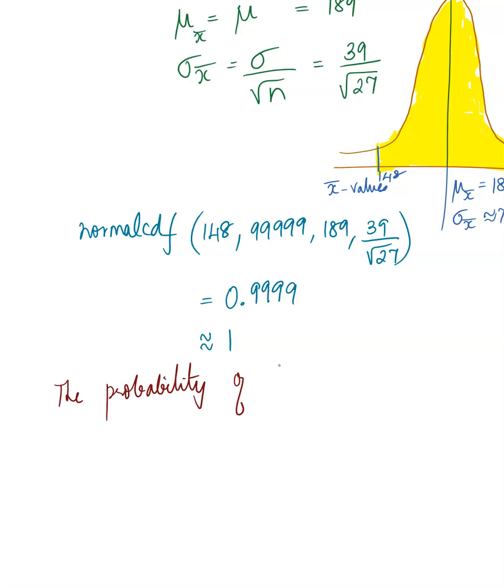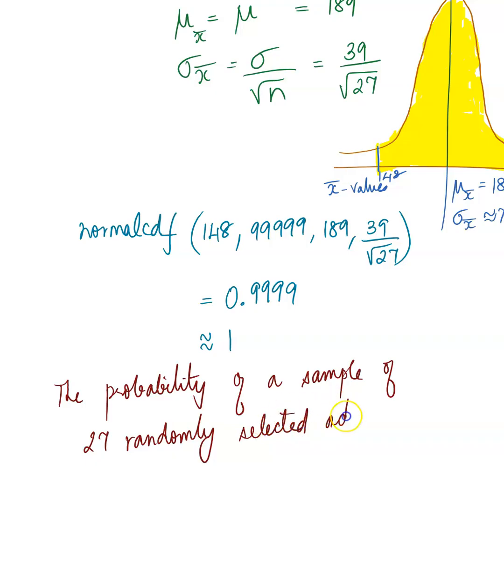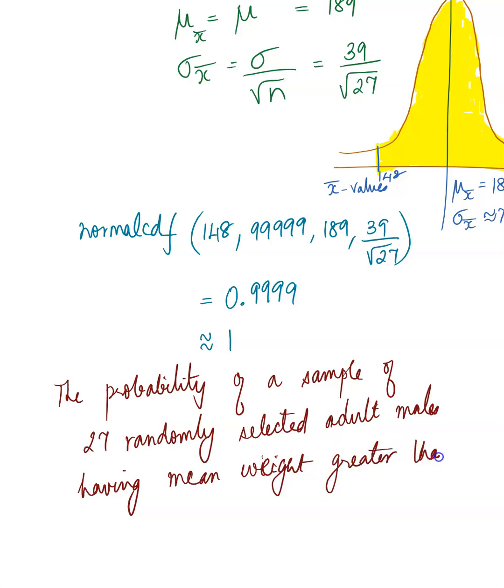The probability of a sample of 27 randomly selected adult males having a mean weight greater than 148 pounds is basically 100%.